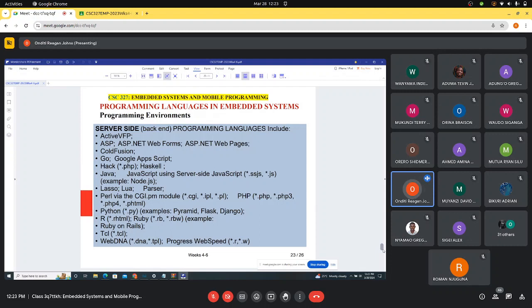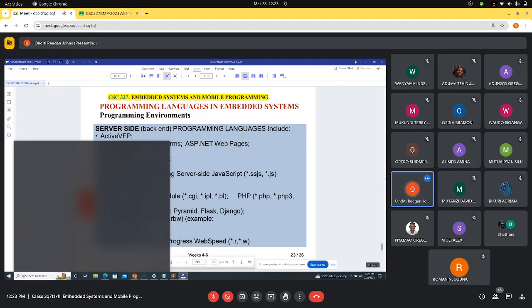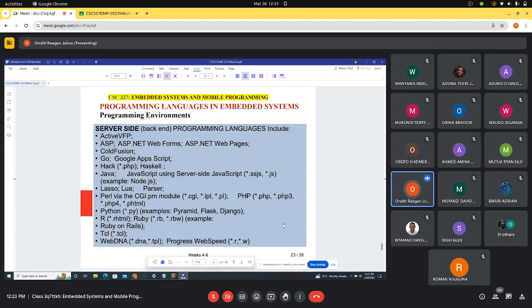How many of you have ever programmed using Ruby on Rails? Or is there any student who has an interest in Ruby on Rails in this particular group? Yes, is there anyone with interest in Ruby on Rails? Anybody?